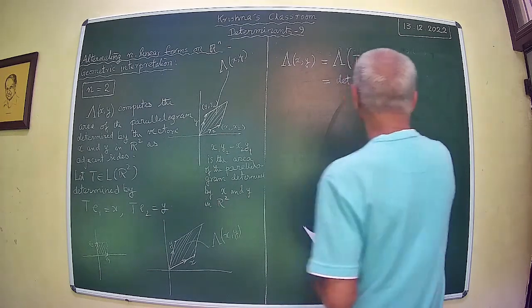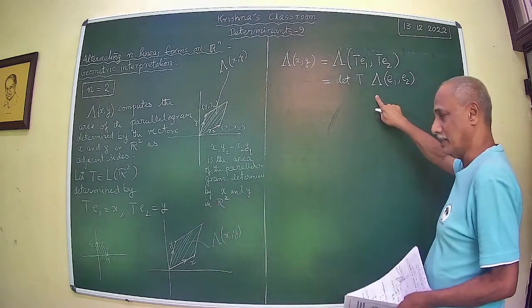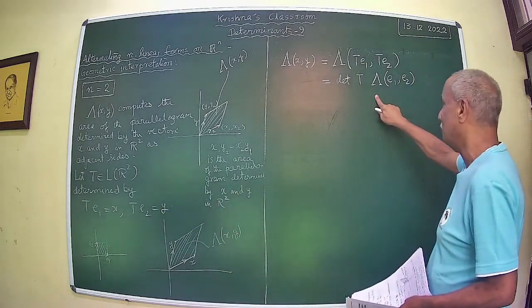So what happens is this is actually the area of the square determined by E1 and E2.